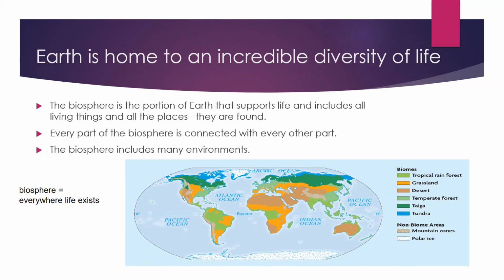So again, the biosphere is the portion of Earth that supports life and includes all of the living things and all of the places or ecosystems in which they're found. Every part of the biosphere is connected with every other part of the biosphere, and it includes many different environments. You might remember from elementary school or middle school that ecosystems are grouped into different kinds of biomes. For example, there's a tropical rainforest ecosystem, grasslands, desert, temperate forest, taiga, tundra, mountains, polar ice, and then there are also aquatic ecosystems, freshwater, saltwater, and things like that.